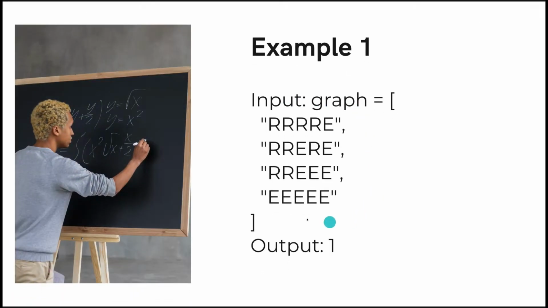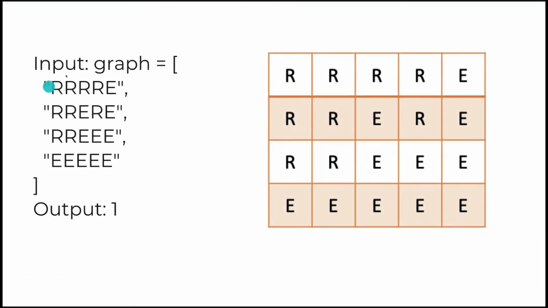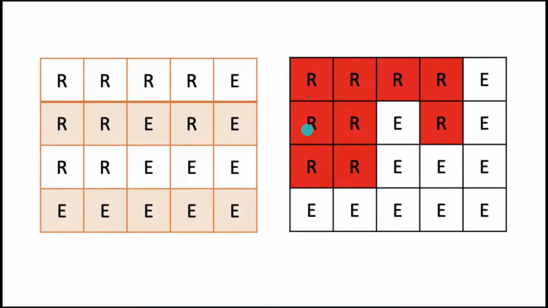This is an example given. This is the input matrix that we receive and it has R and E, that is red pixel and empty pixel. Let's take a closer look. This matrix can be written in a clearer form like this. If you see more closely, these are all the red pixels and these are all the empty pixels.